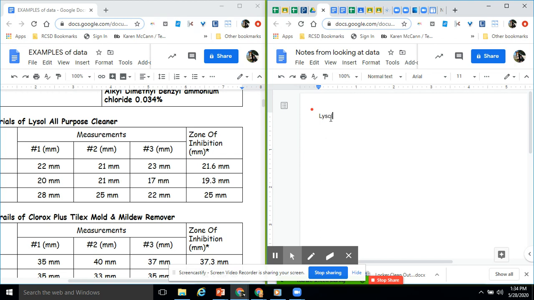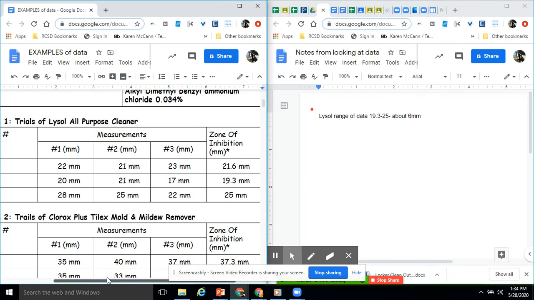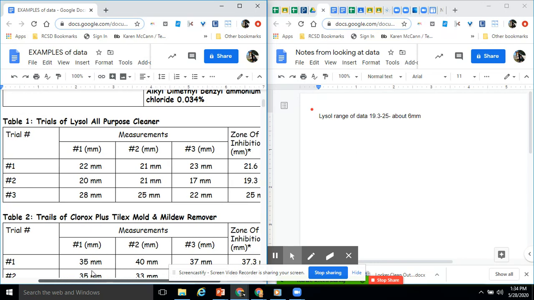So if I look at the range of data for Lysol, it was 19.3 to 25, which is a range. I'm going to just estimate this in my head. It's about 6 millimeters. So one thing I want you to always think about is how consistent the data was.